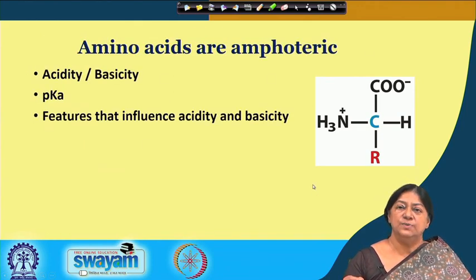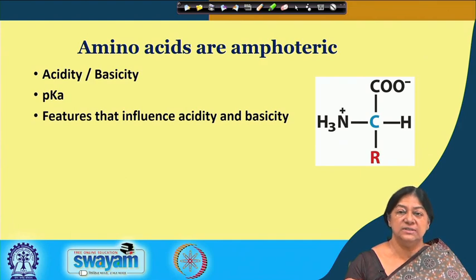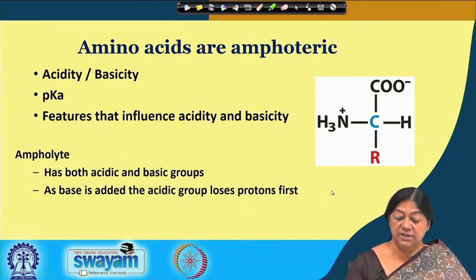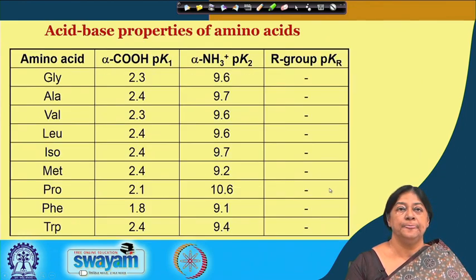The amino acids, we know, are amphoteric in nature. What does this mean? It has an acidic and basic property to it. It has specific pKa values, and these features influence the acidity and the basicity of the specific amino acids that we talk about.